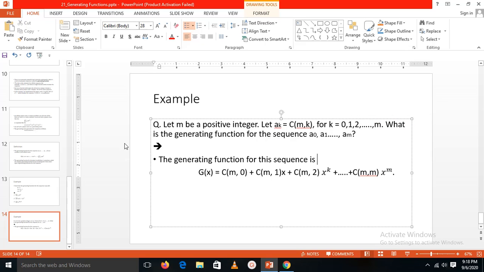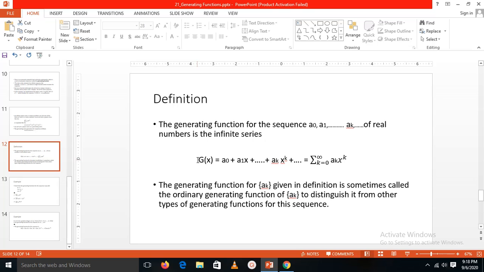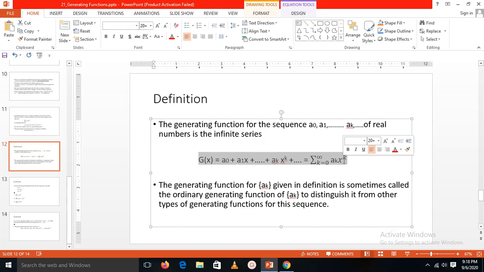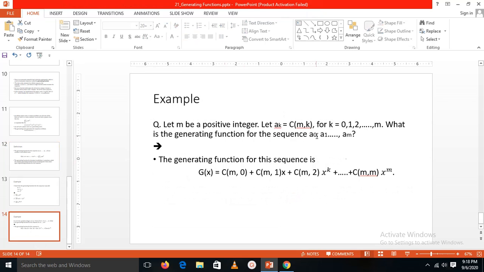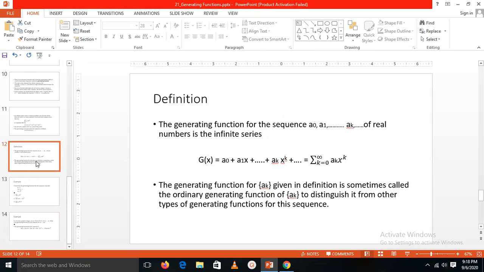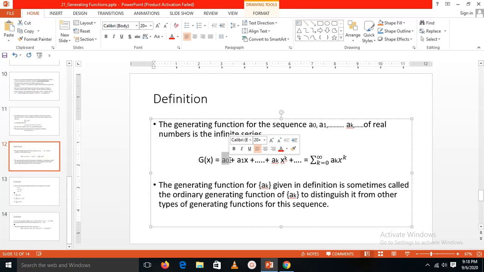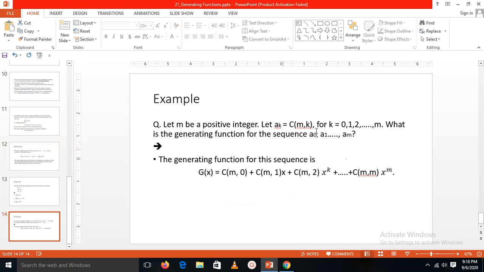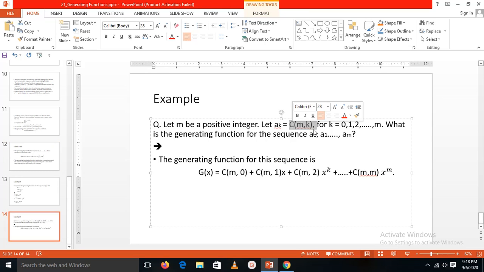By using the definition of the generating function, g of x equal to a0 plus a1x plus up to ak x raised to k, we can solve this example. ak is given as C(m, k). By putting this value into the equation, the a0 term is C(m, 0), since k stands for 0.